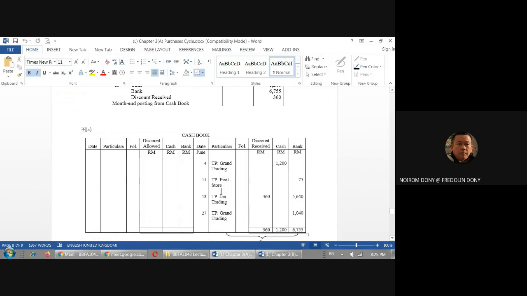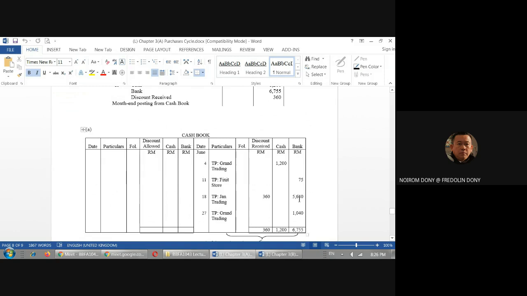Then on the 18th, payment by check. Total 6,000 outstanding invoice. So the outstanding 6,000 is the invoice amount. The check amount that we need to record in the bank column will be after the discount received. So a 6% discount received, meaning out of 6,000 we only pay 94%.